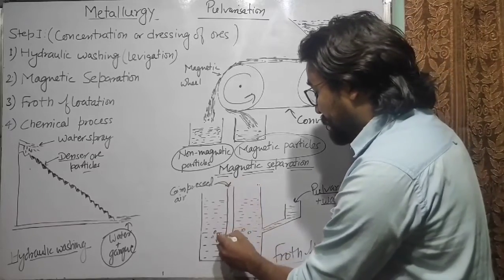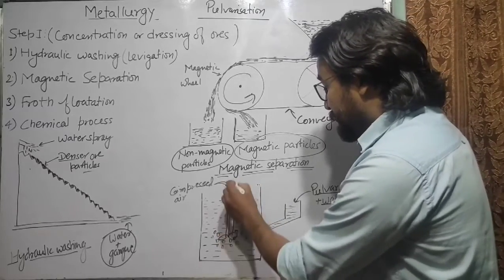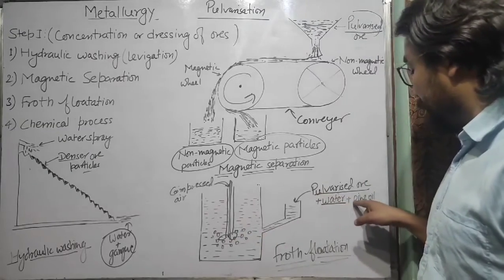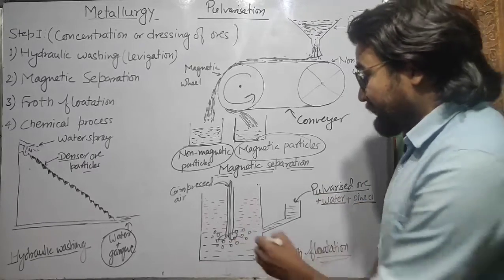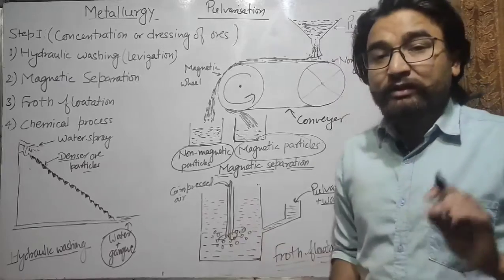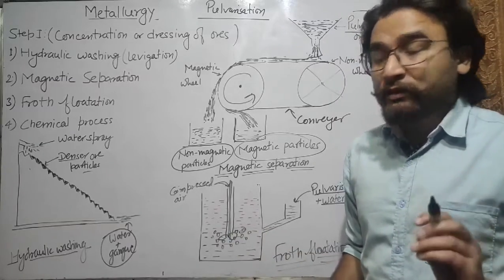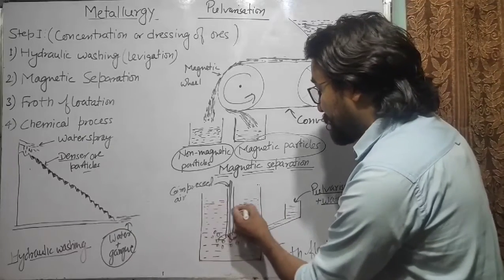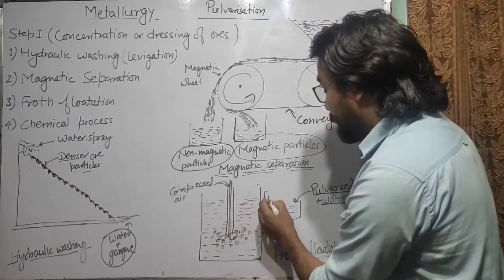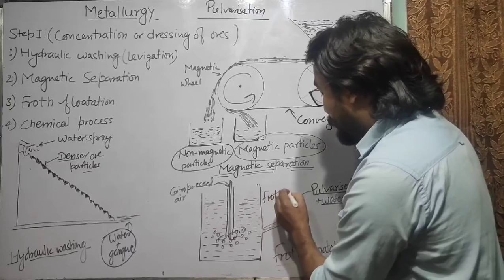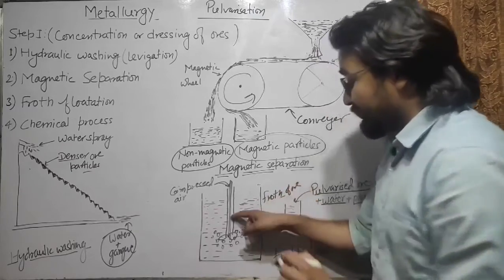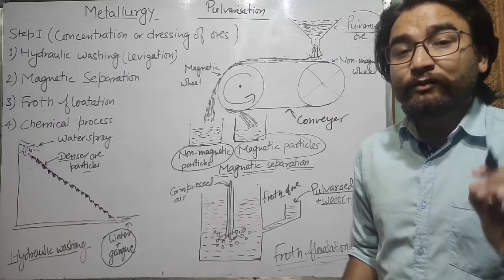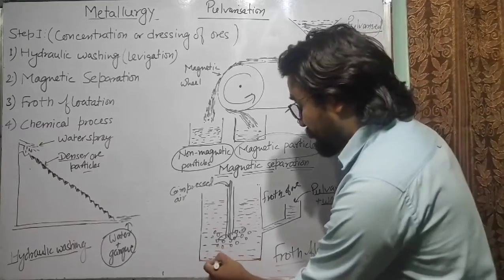Now here the ore is shaken well, the pulverized ore along with water and pine oil, and because the ore gets wet with oil, it makes a froth on the top. A froth of ore will be formed on the top, while the impurities or the gangue particles get wet with water, so they will be deposited at the bottom.